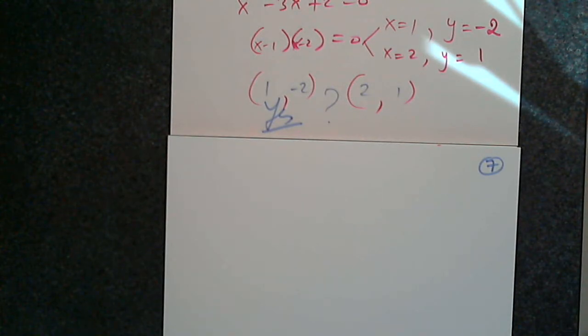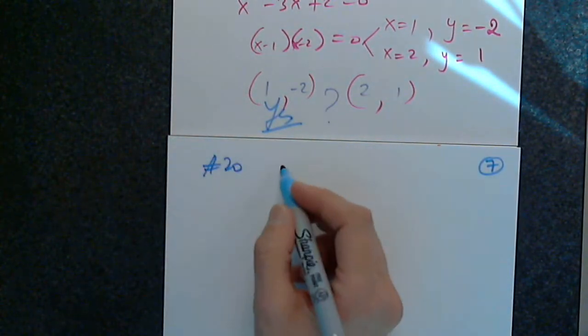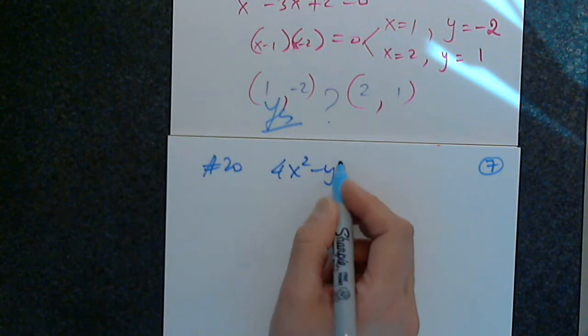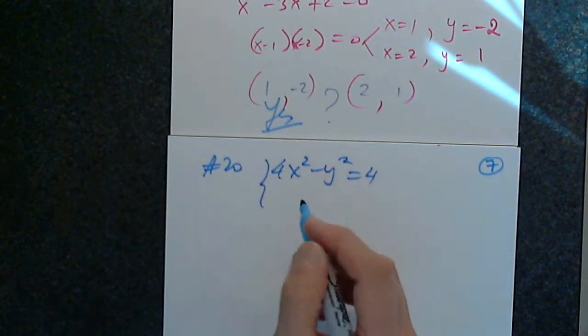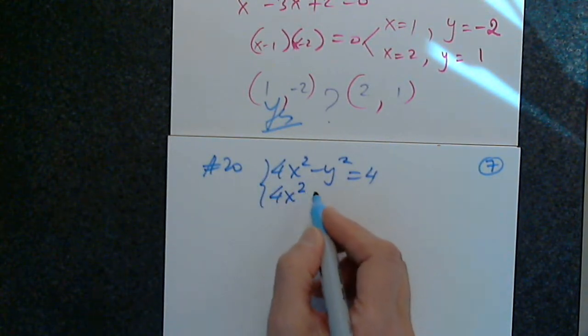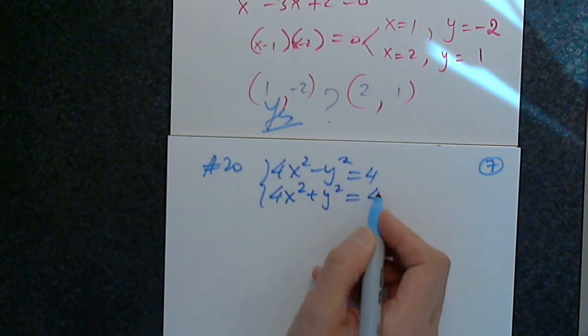Okay, so let's move on to the elimination, or also called addition method. We have 4x squared minus y squared equals 4, and 4x squared plus y squared equals 4.